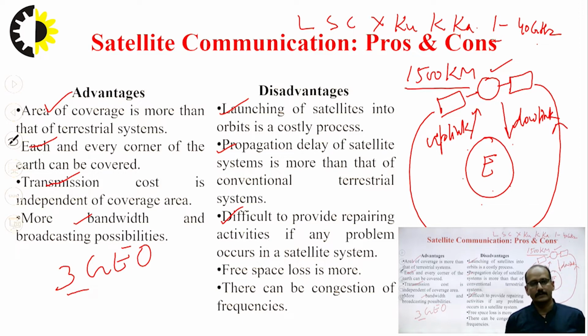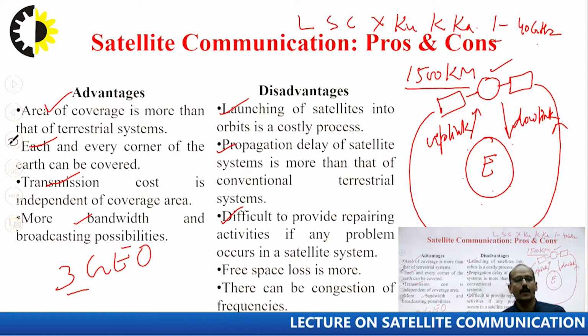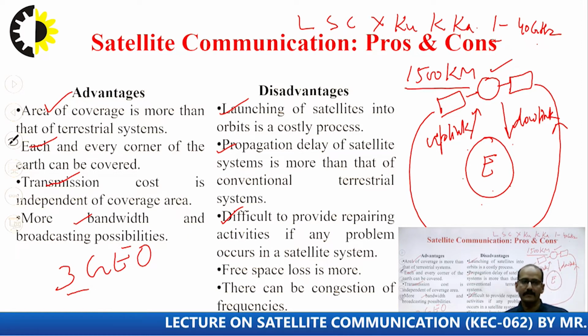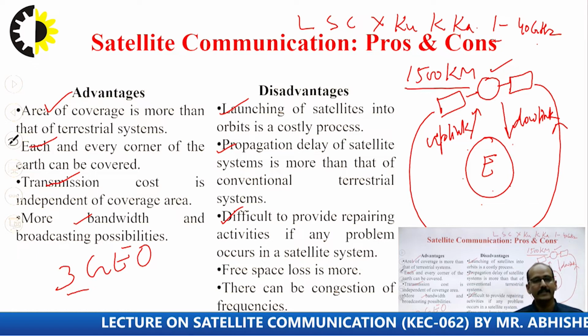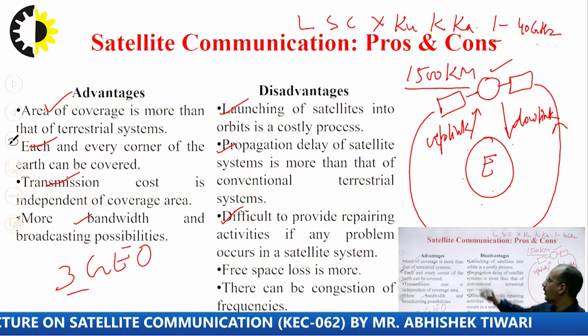So that is also a very big problem for satellite communication, as if you face any type of issue in the communication, you have to replace that particular satellite, or you have to relaunch some other satellite to take the place of the previous one. That's why the initial cost will also increase, as you can take the example of NavIC.